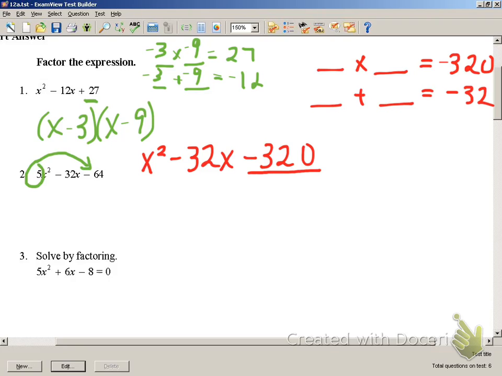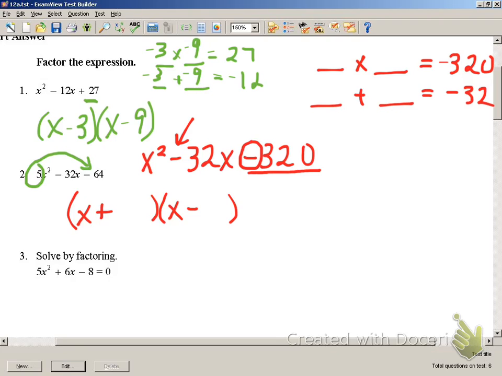So, here's a hint. Since this sign right here is negative, that means one of my factors is going to be positive and one is going to be negative. And the larger of my two numbers carries this sign right here.